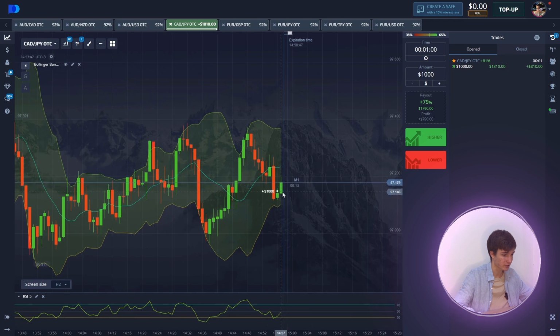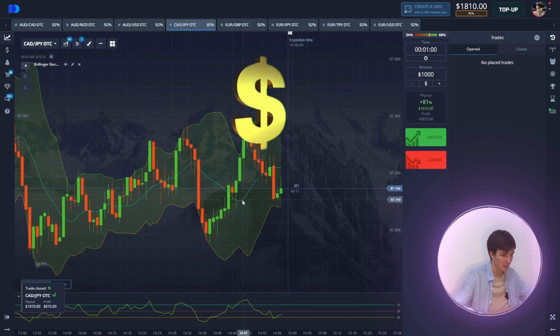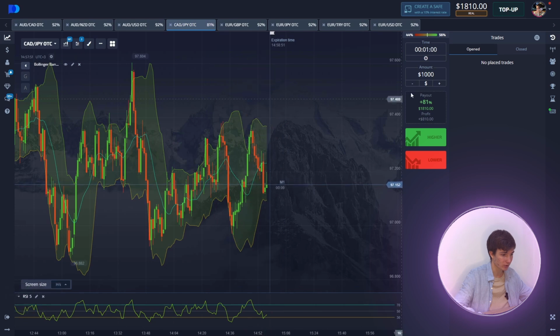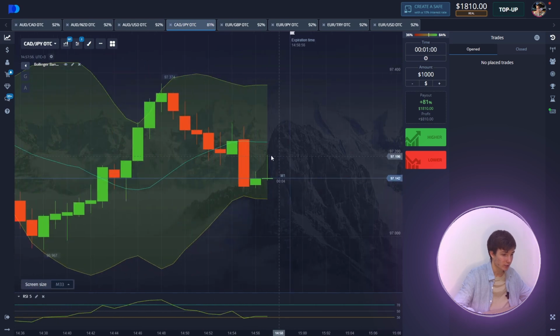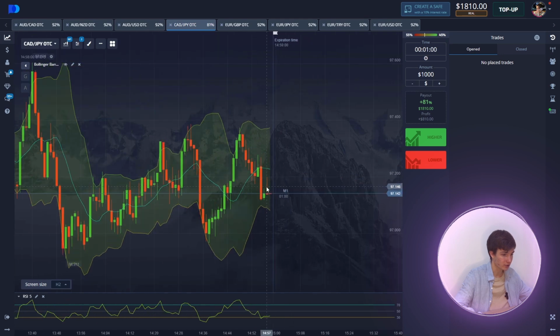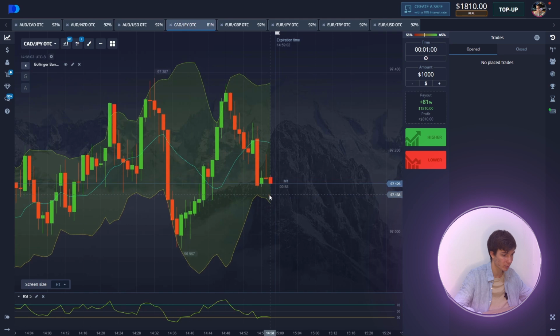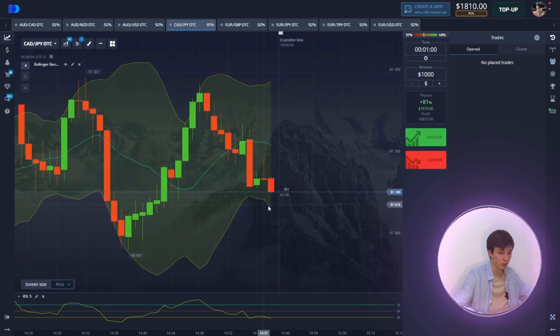Like you see, the position has been closed in profits. On a 1 minute time frame, we open a 1 minute position. So we opened correctly, and the candle reached this level, and overall the touch of the lower boundary should eventually happen. But anyway, we opened correctly based on the signals.